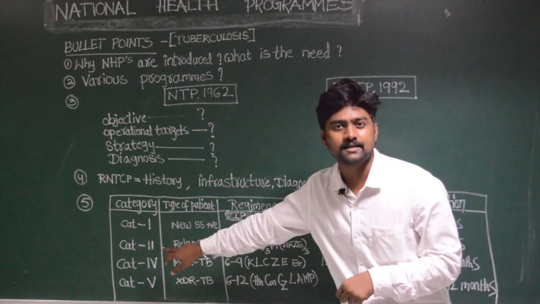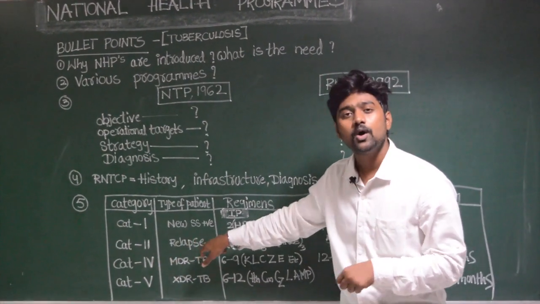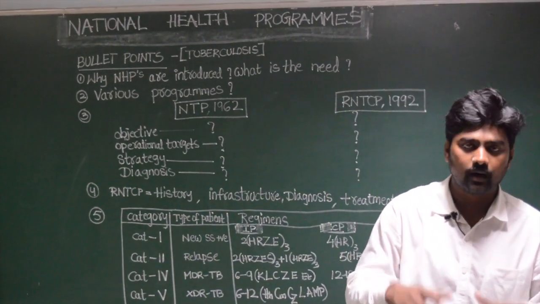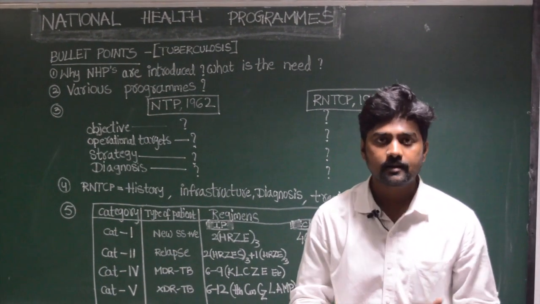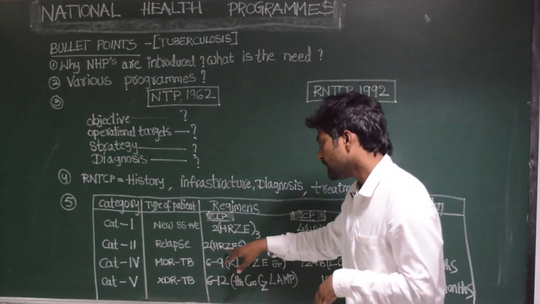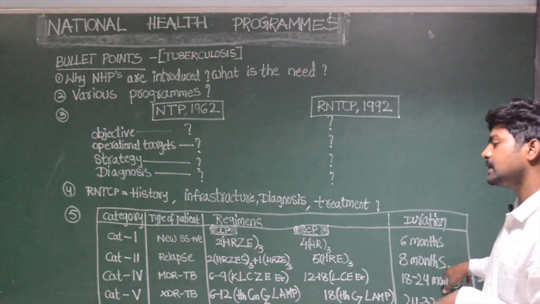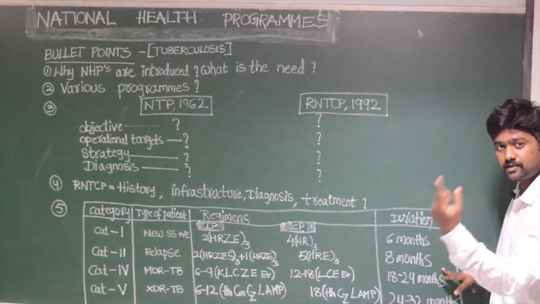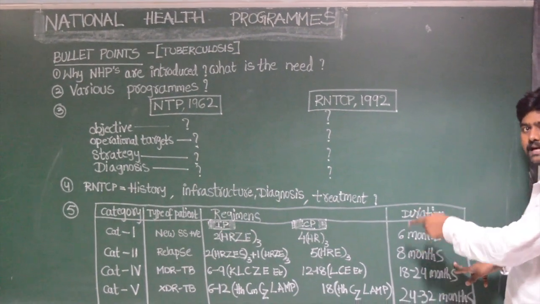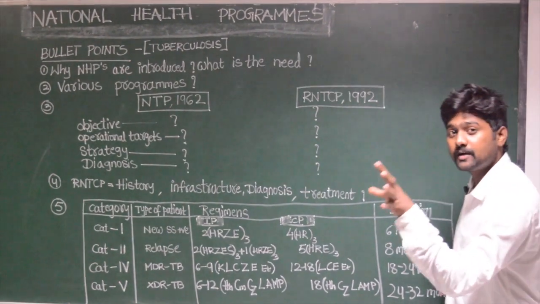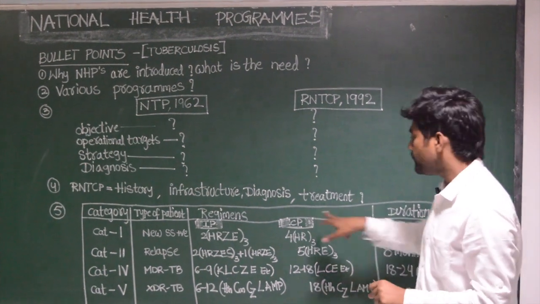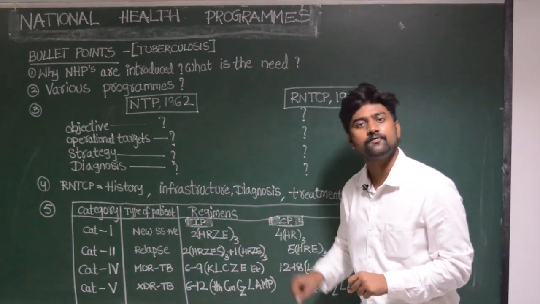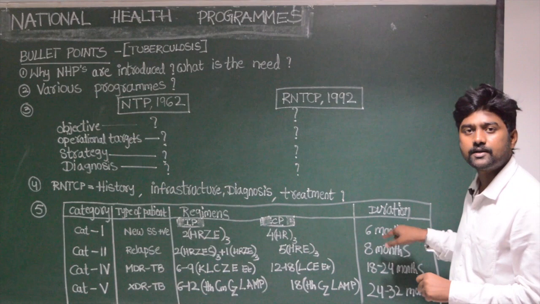Similarly, in case of category 2, who is category 2? The patients generally with relapsed disease are category 2 patients. In that, the duration will be 8 months. If you look over here, the duration changed when compared to category 1 people. Category 2 people, total duration of treatment is 8 months, which includes 3 months of initial phase and 5 months of continuation phase.